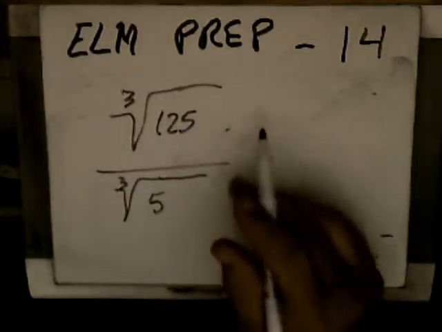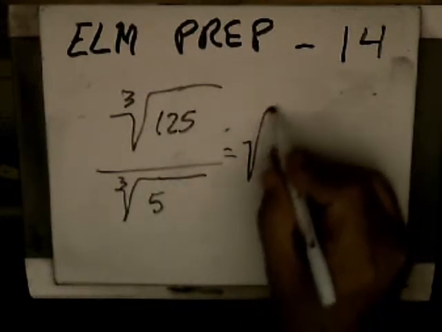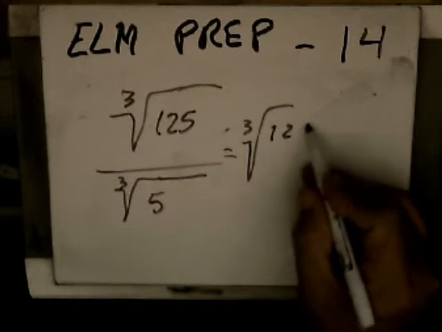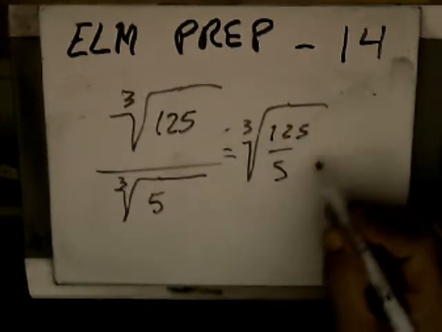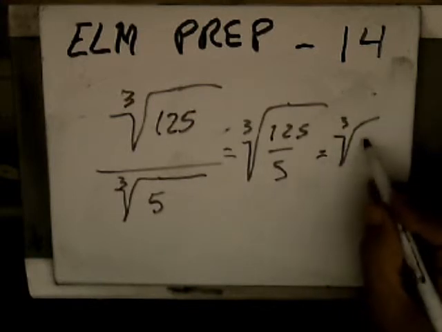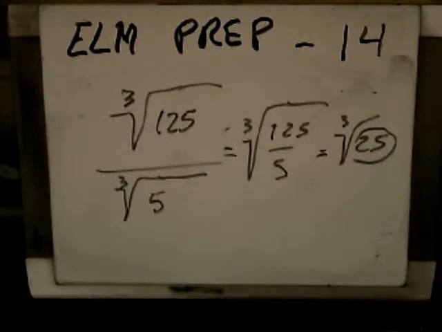Well, they're both the same cube root, so I could just combine them in one long cube root. 125 divided by 5, and 5 goes into 125, square cube root of 25. Unfortunately, that's not a cube, so that's where I'm going to remain.